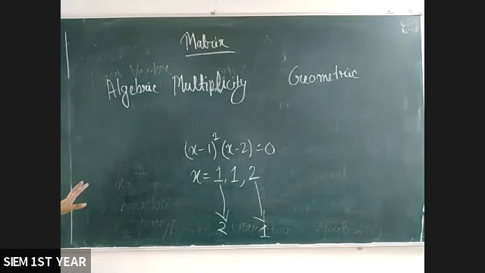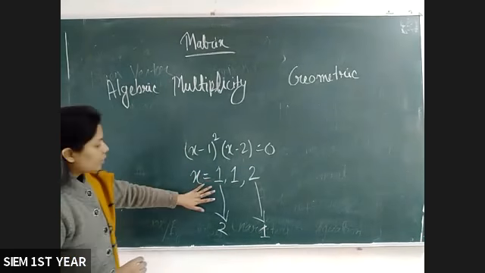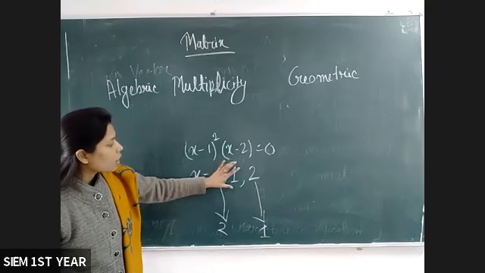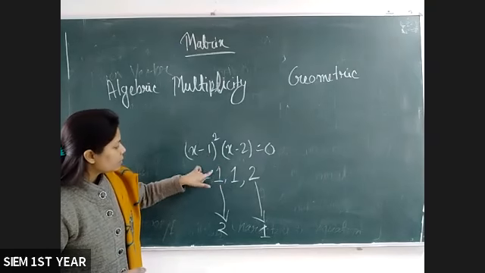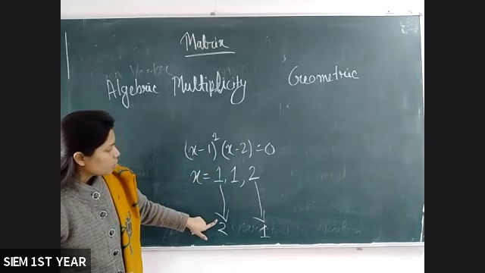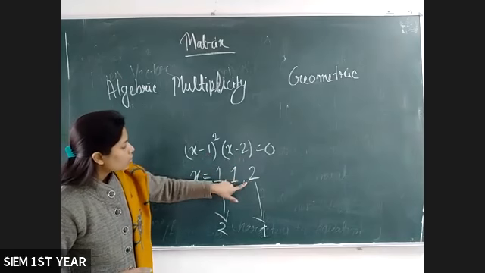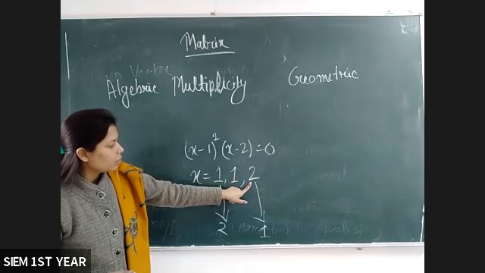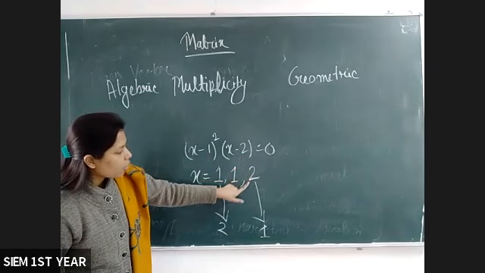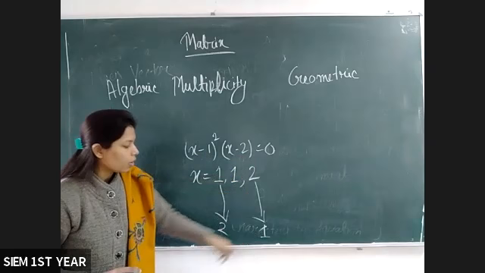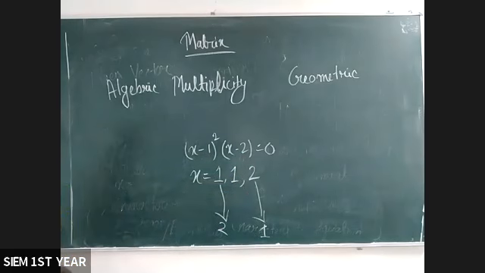Algebraic multiplicity means how many times one eigenvalue occurs. Here 1 occurs 2 times, so the algebraic multiplicity of 1 is 2. Here 2 occurs only one time, so algebraic multiplicity of 2 is 1. So this is the concept of algebraic multiplicity.